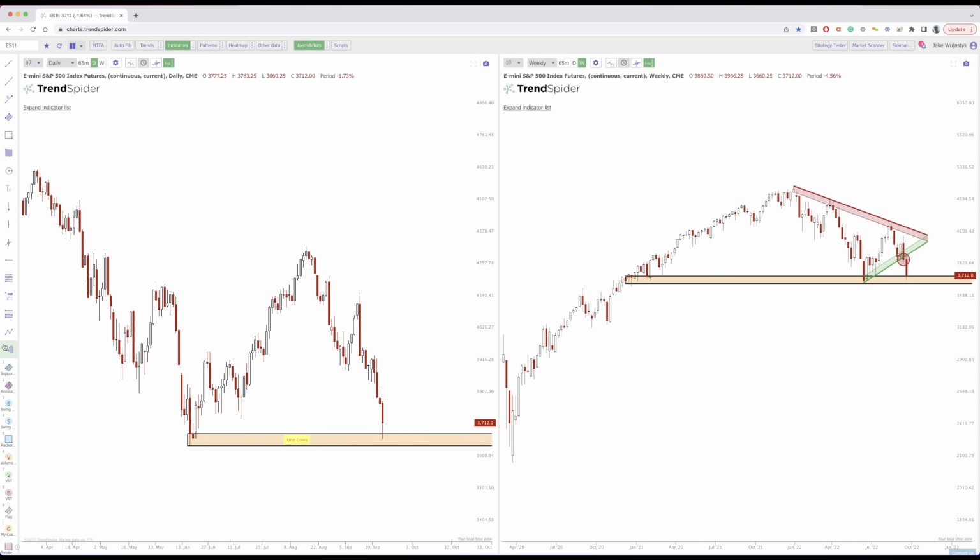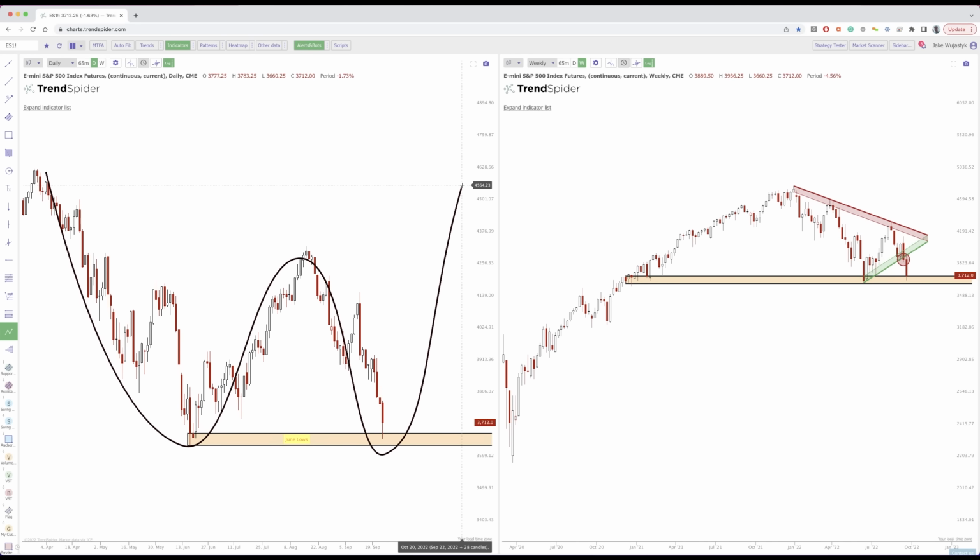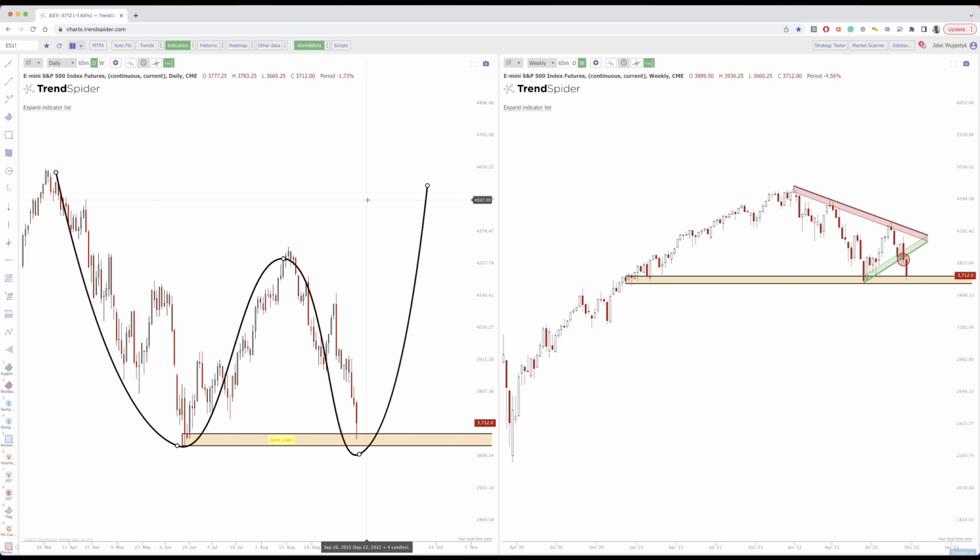So, do we just get a big W bottom forming here? Here's essentially what some people would look at on the bullish side of things. Remember, if you're looking at the markets, especially if you're trading the markets, you want to be able to see both sides of the equation. So obviously your bear case is the fact that we broke down on the weekly chart through the symmetrical triangle last week, and had continuation down.